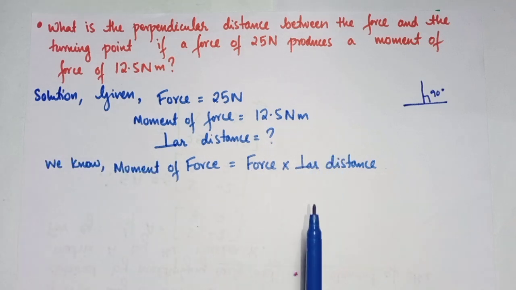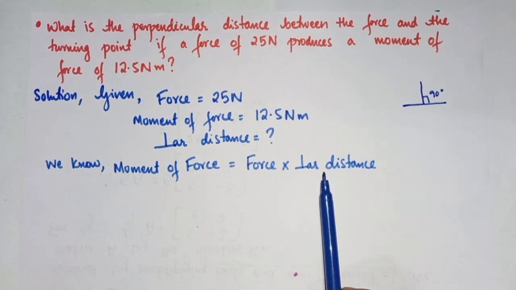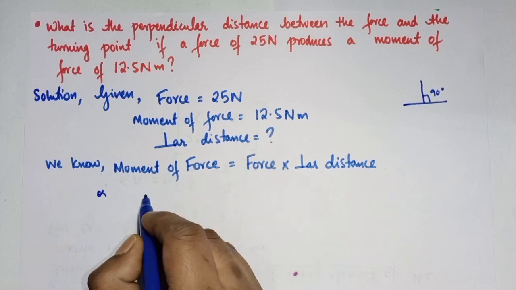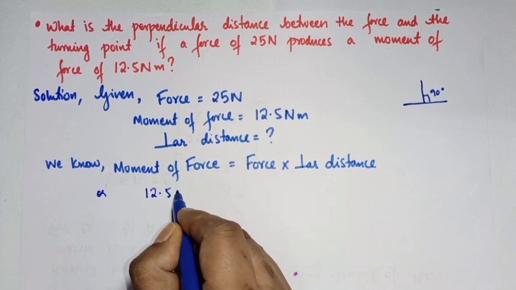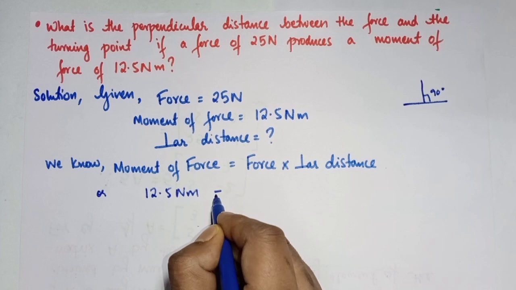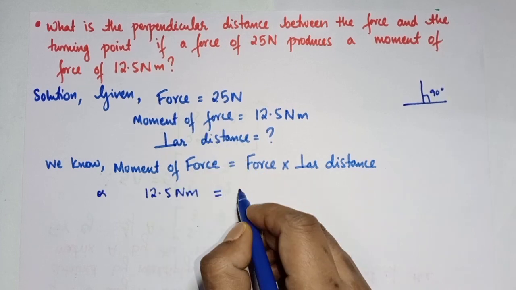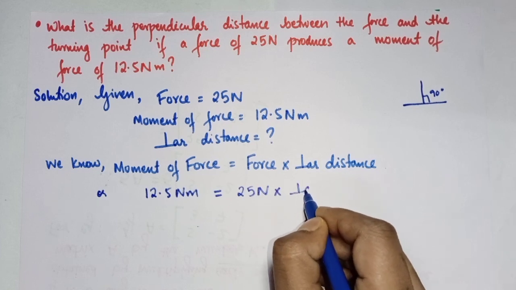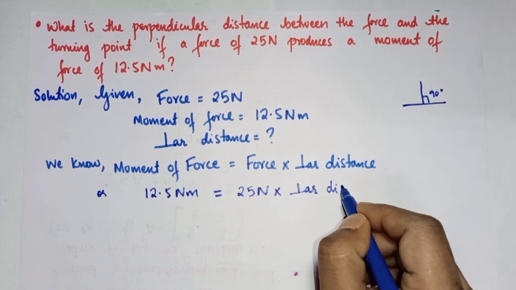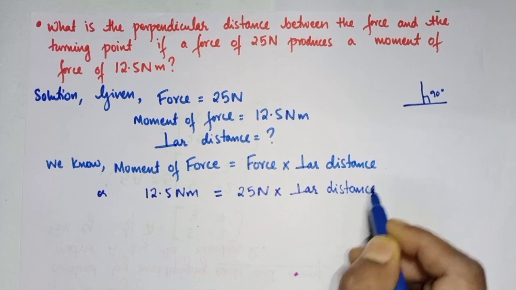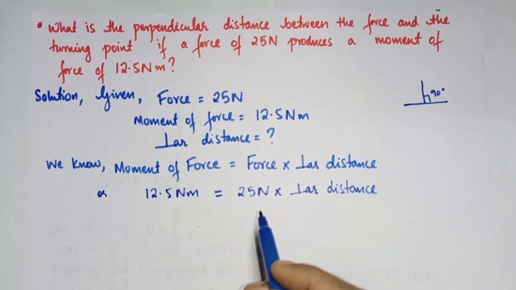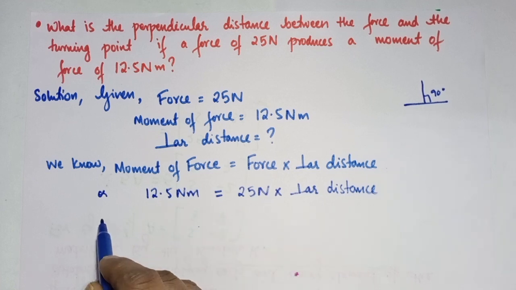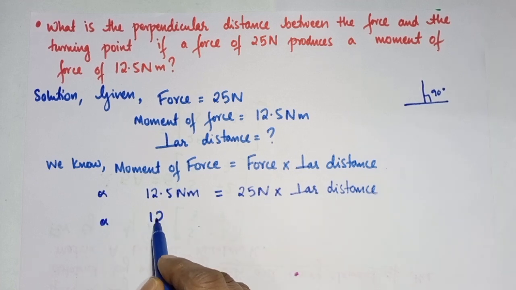Now we are finding the perpendicular distance, so we'll just put in the values. The moment of force is 12.5 Newton meter, equals force, 25 Newton, into perpendicular distance. Now you can see this is a multiplication sign, so when it goes across, it will be divide.